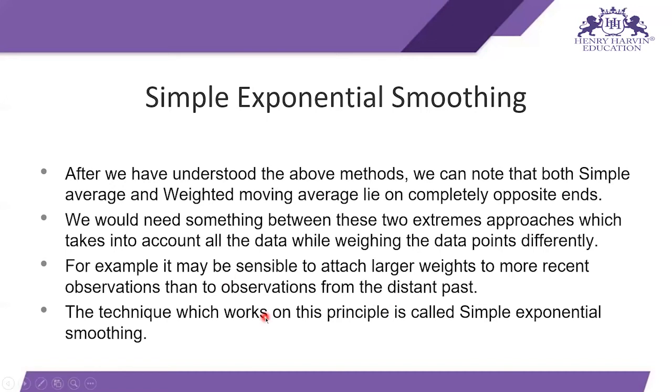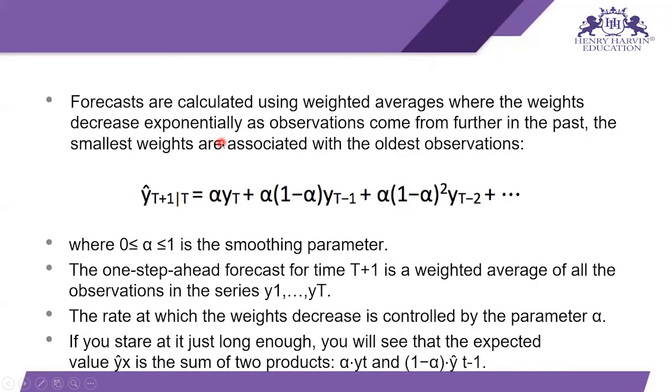The technique which works on this principle is called simple exponential smoothing, and forecasts are calculated using weighted averages where the weights decrease exponentially as observations come from further in the past.